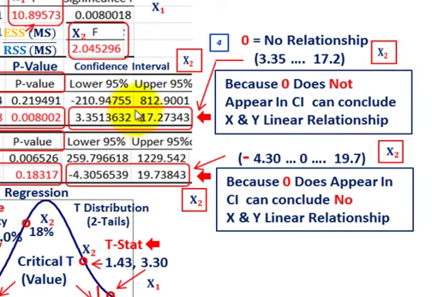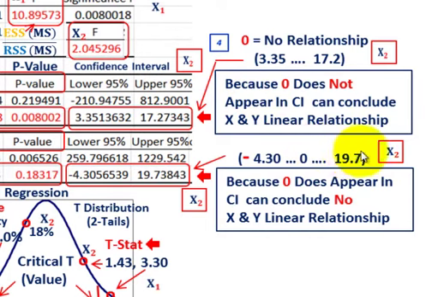It's 3.35 to 17.2. Because 0 isn't in that range, because 0 does not appear in our confidence interval here, we can conclude that we have an x and y linear relationship. So that's the other thing you want to look at, those confidence intervals. See what the range is, and see if you got a 0 in them.